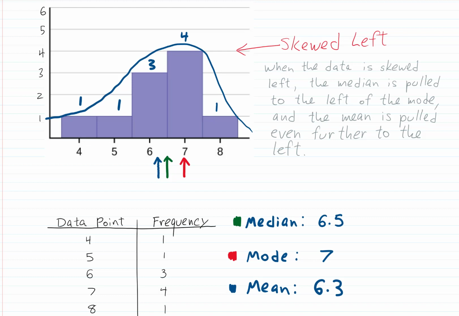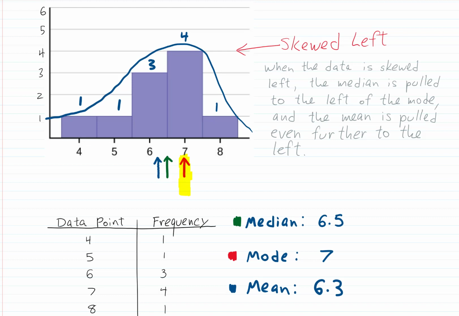Okay, so you might think, okay, so then the mode is the best one, and that's not what I'm saying, because it might not be, because think about it. If the data is skewed to the left, then is the mode really a good indication of the center? Not necessarily, because the mode is way the heck over here.